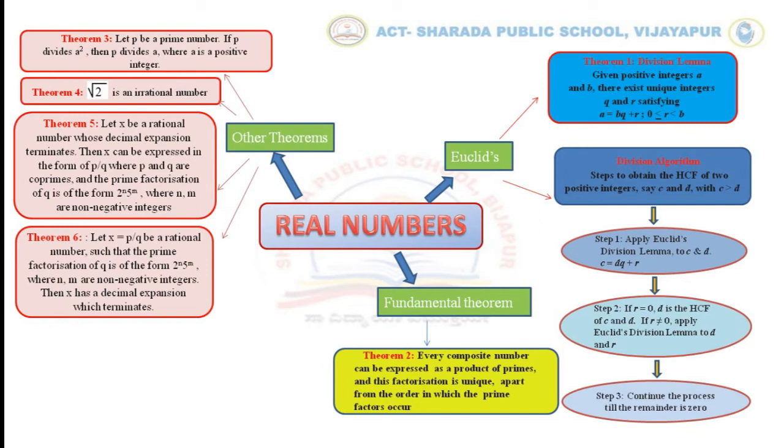Here the denominator 100 can be expressed in the form of 2 to the power of 2 into 5 to the power of 2. That is, the denominator contains only the numbers 2 and 5. That's why this p by q form, 1525 by 100, can be written as 15.25, which is a terminating decimal expansion.